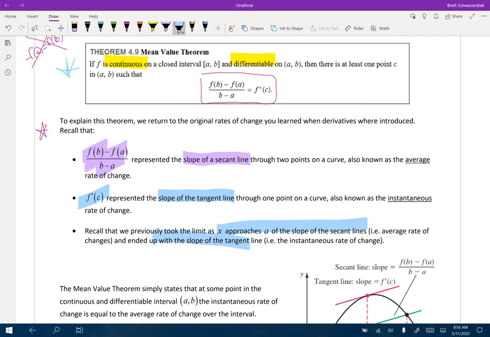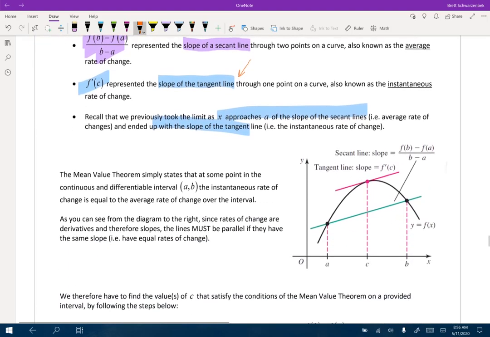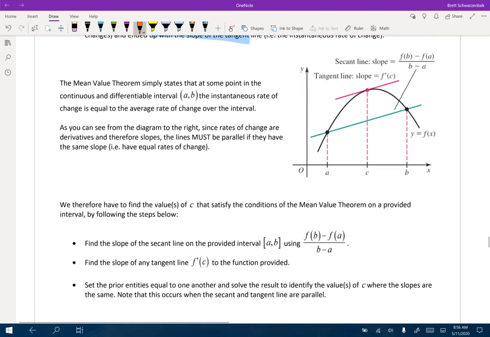So what is this theorem actually saying? This theorem is saying that there must be at least one point on your graph where the slope of the secant line is equal to the slope of the tangent line. Normally, when I say that verbally, it doesn't have enough emphasis unless you actually see the diagram to understand how this is working.